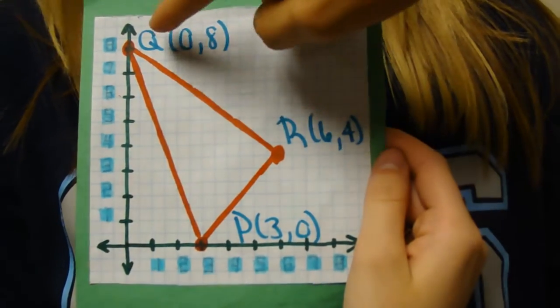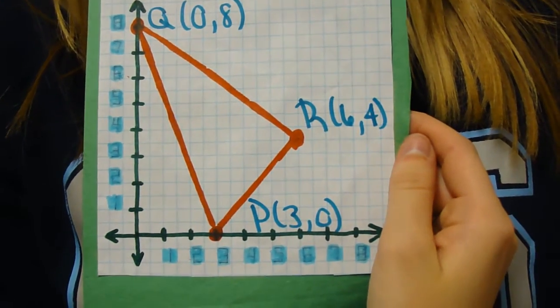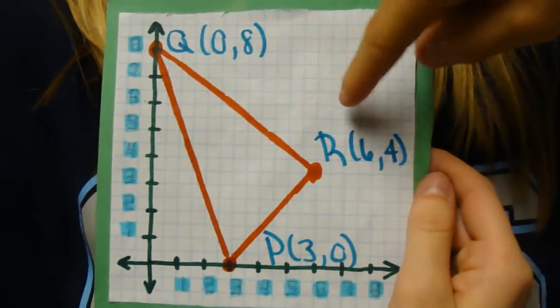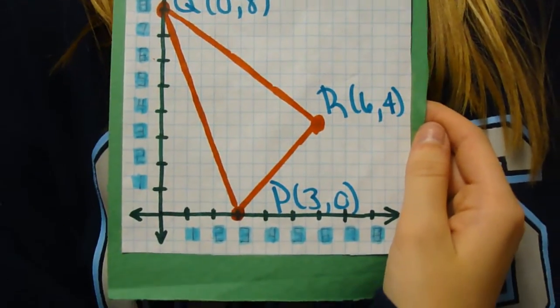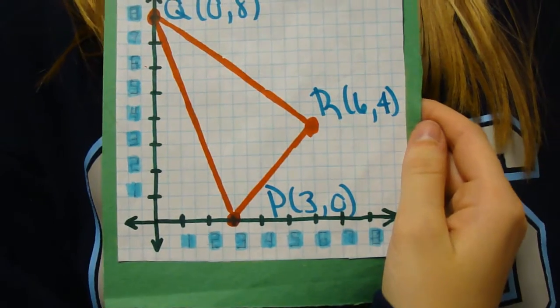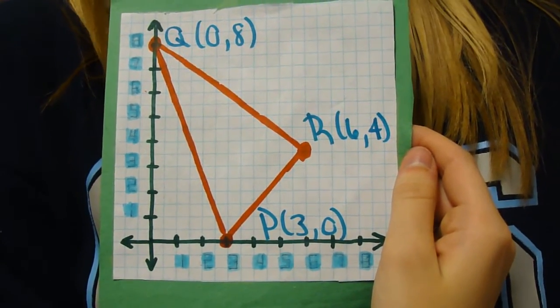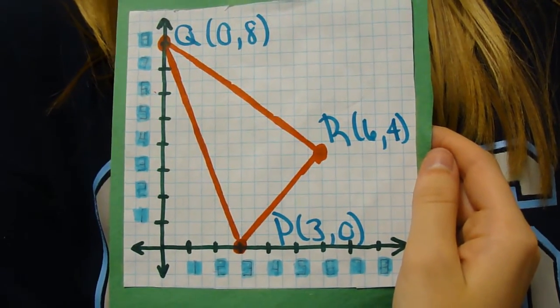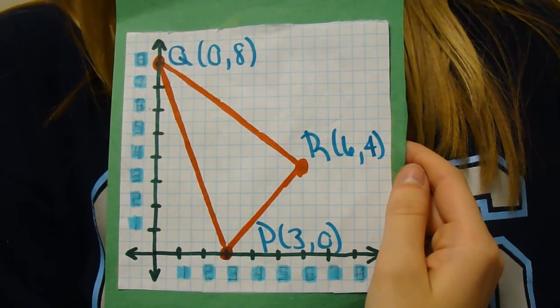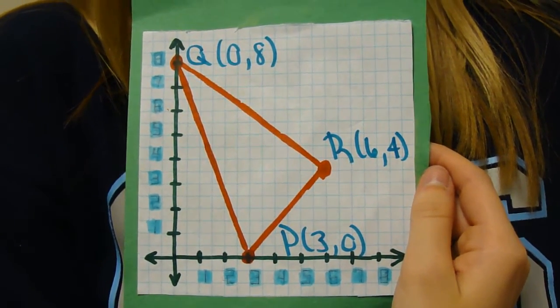Q is located at 0, 8. And R is located at 6, 4. The second step to solve this would be to make a plan. The centroid of the triangle is the point of intersection of the 3 medians. So write equations for 2 medians and find their point of intersection.